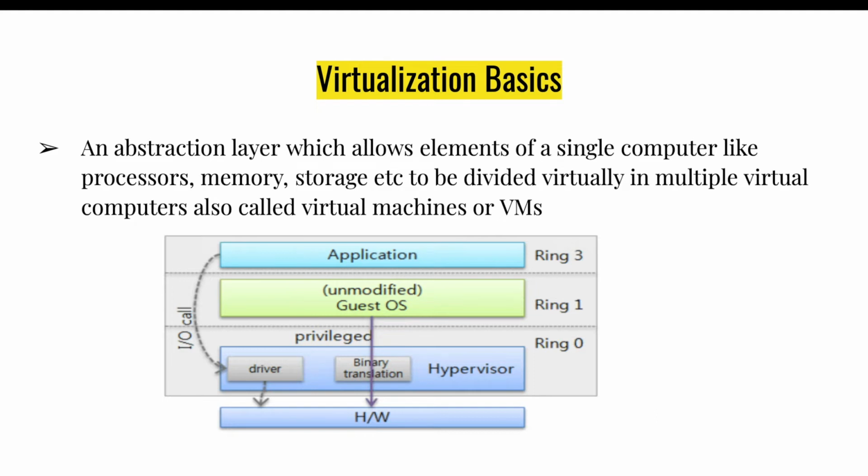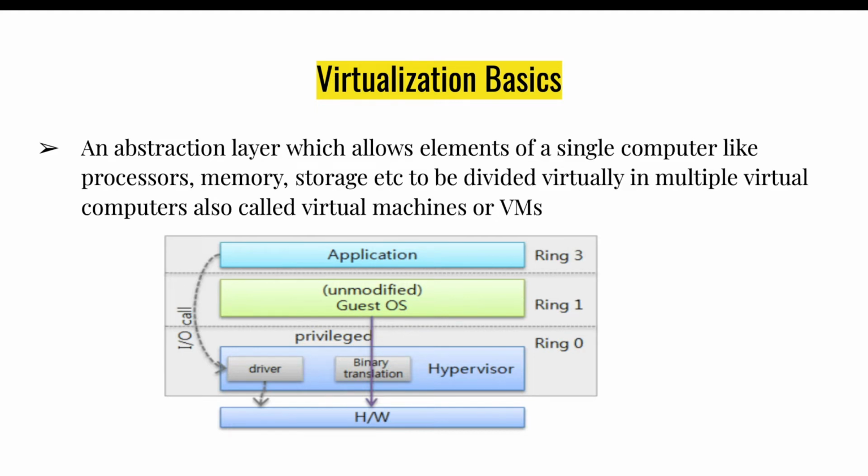Now the guest operating system is entirely secluded, and it has its own virtual environment, which is called an environment of the operating system. This is called the virtual machine.